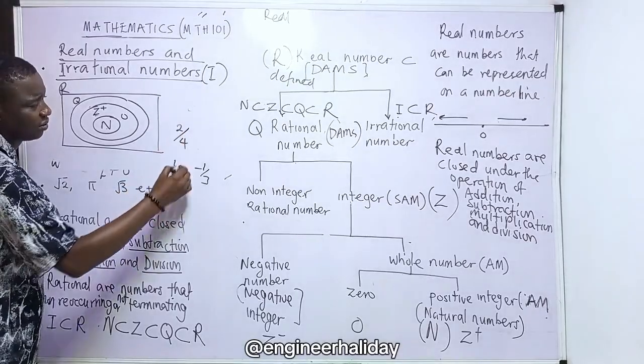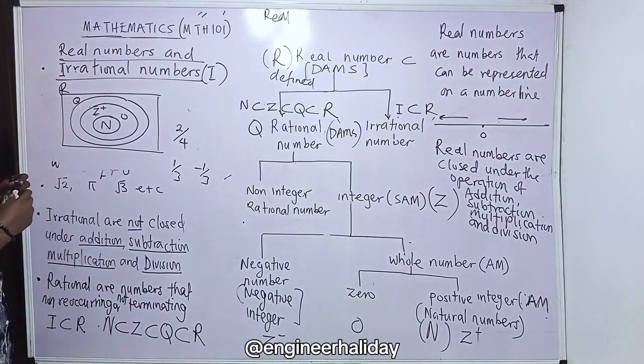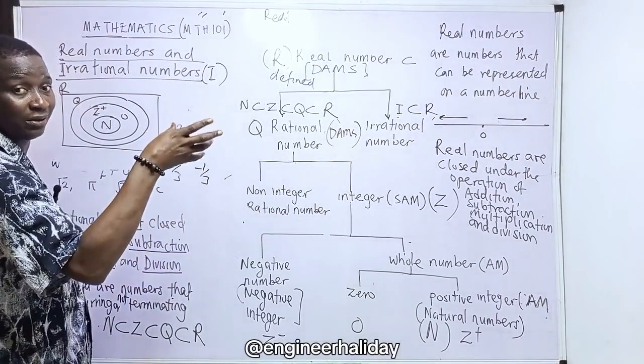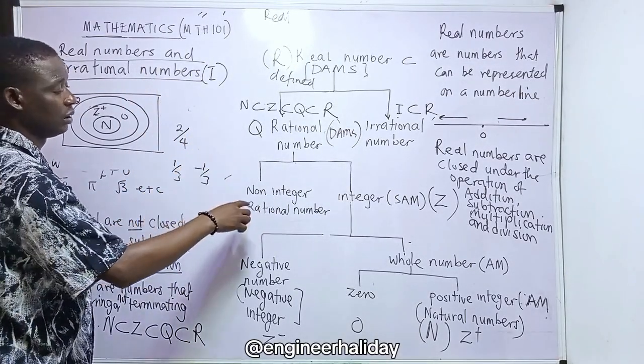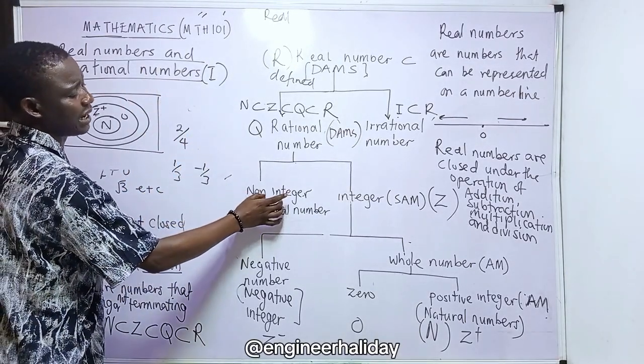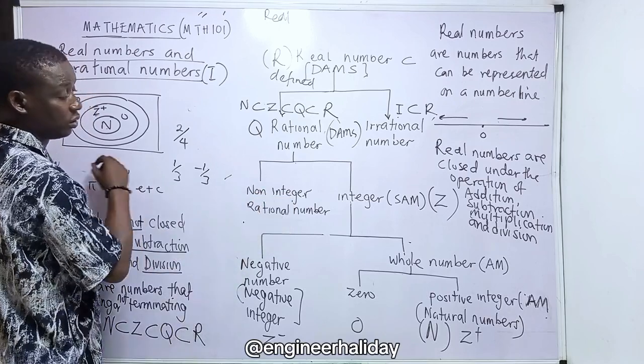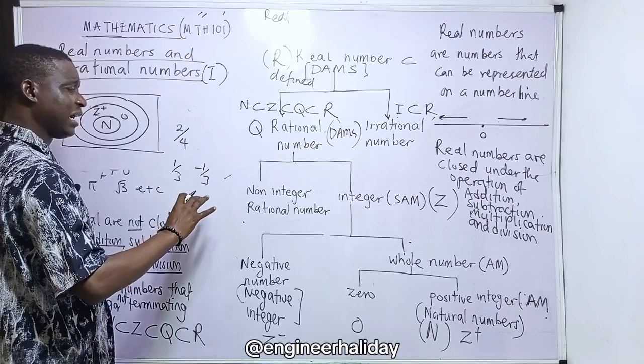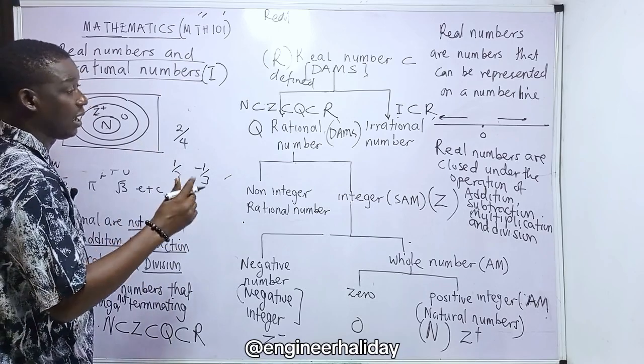Somebody asked me a question during this last part. When he watched the previous video, he said, "We did not analyze non-integer." I told him non-integers have already been analyzed. You know why?